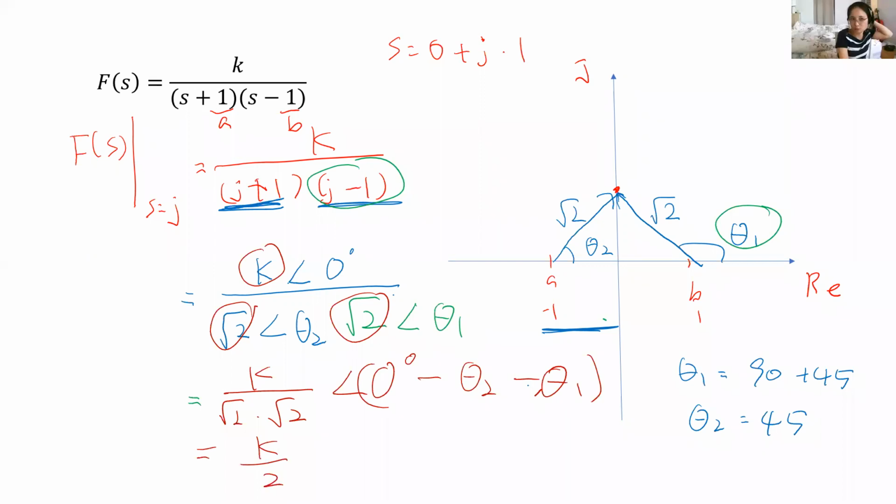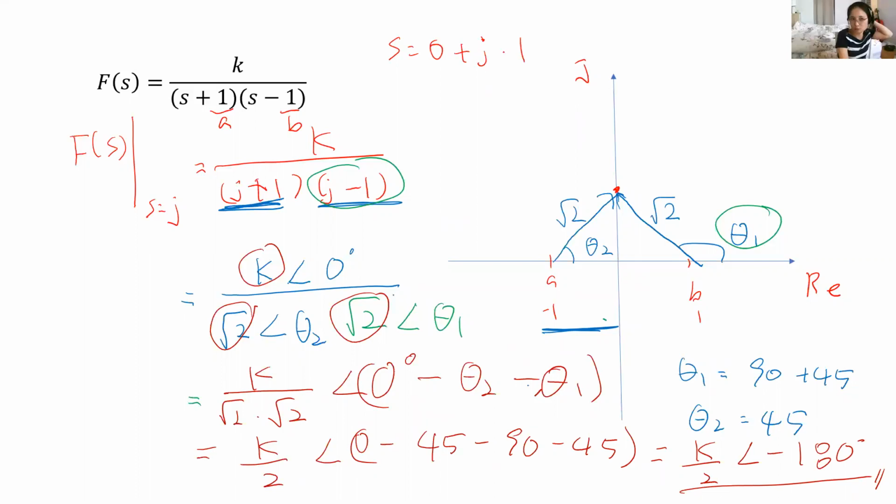becomes K divided by 2, and the angle will be 0 minus 90 minus 55... 90 minus 55 becomes this. That's 180 degrees.